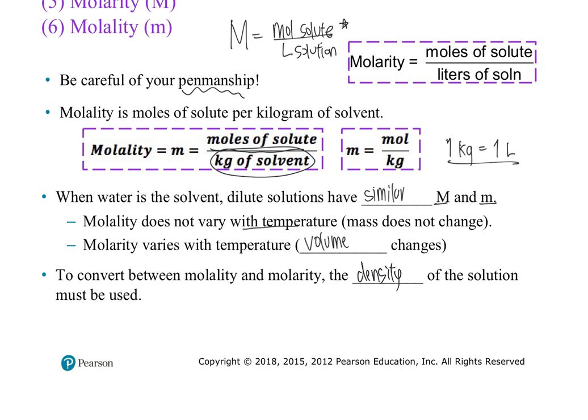Because I can get density as grams of your solution divided by liters of your solution. So if you know how many moles of solute you have, then you can find how many kilograms of solvent based on your grams of solution. So we'll practice that in a little bit, but you do need the density to convert between the two. And reminder, we are going to practice the practice problems in class, so be ready to learn.